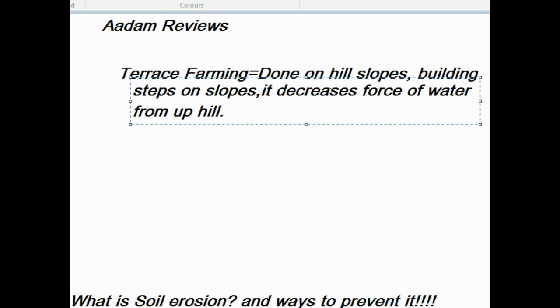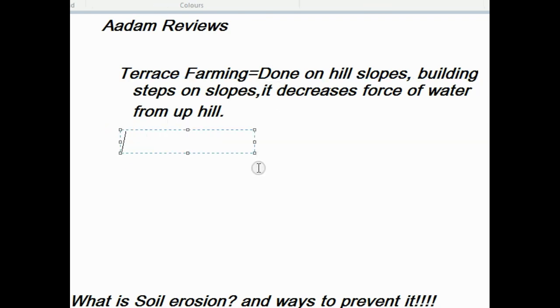So when it decreases the force of water from uphill, the soil won't be carried away that easily by the force of that water, because the force is low.